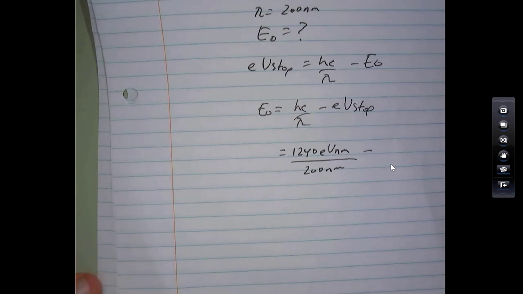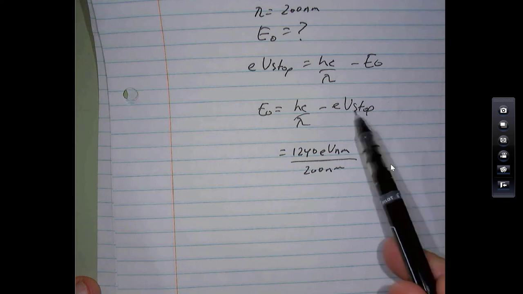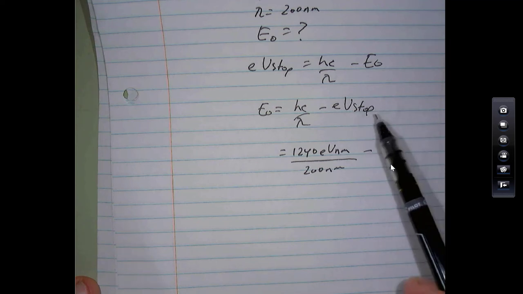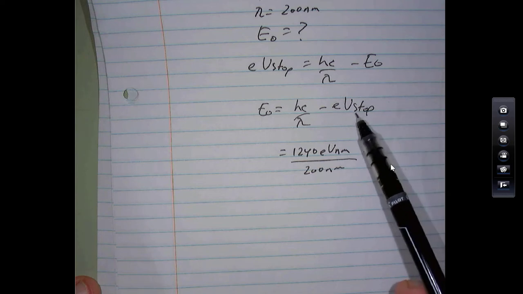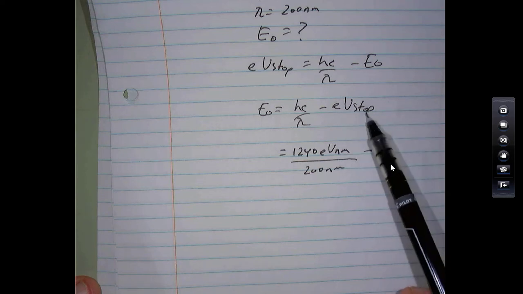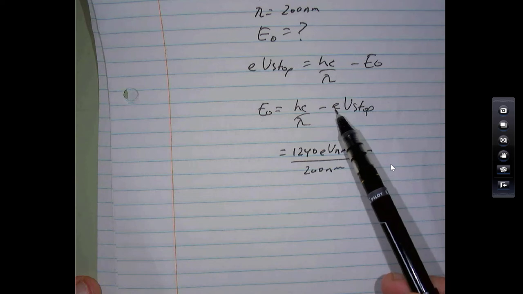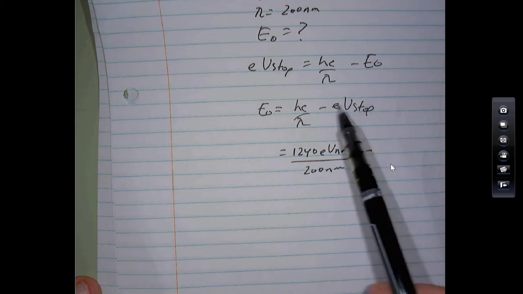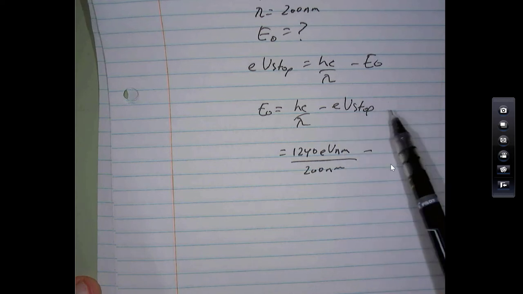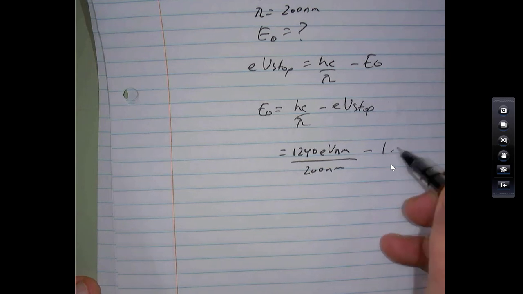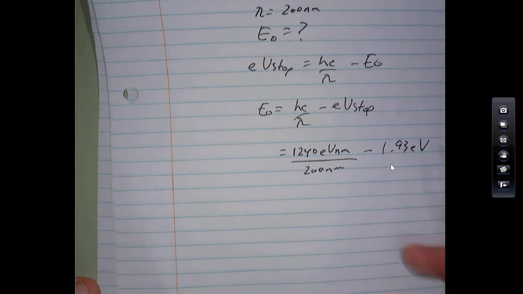If you want to figure out energy in electron volts, and you have the V in volts, it turns out, and go back to chapter 24 for this again, V stop is given. If you want to do this in SI units, this would be 1.6 to the minus 19th. But if you want to get the energy of E times V in electron volts, it just is 1.93 eV. That's the use of it.